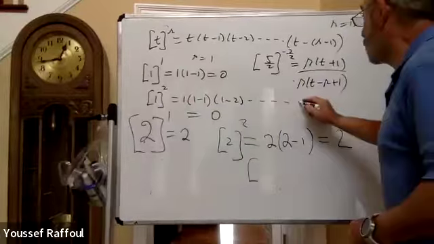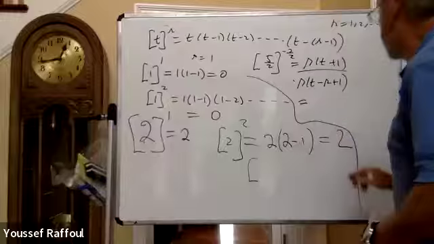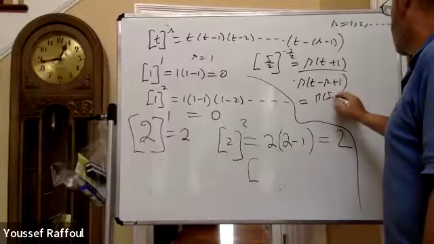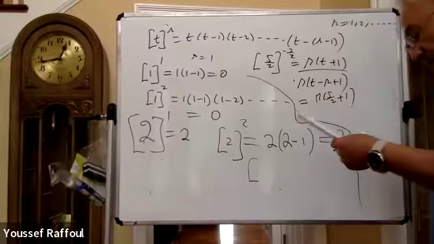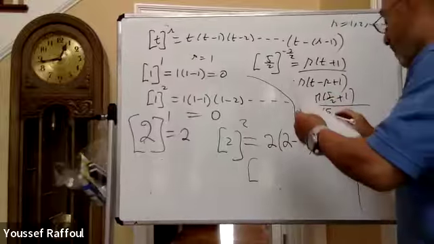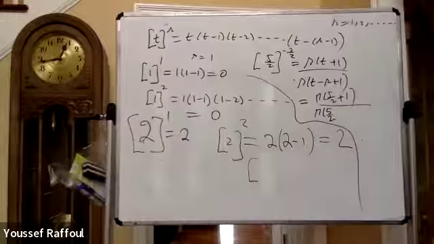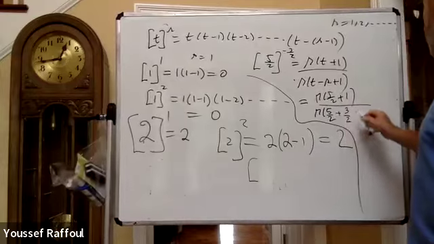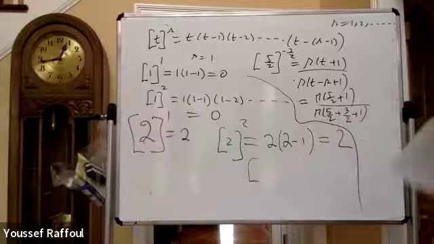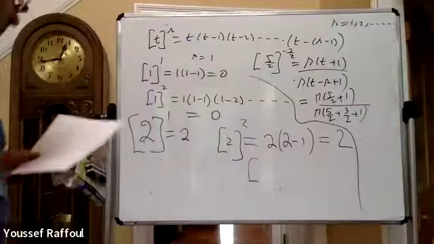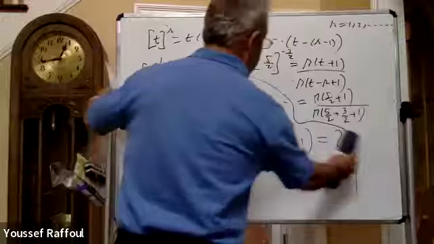So that is going to be gamma of t plus 1. T is 5/2. Gamma of 5/2 plus 1 over gamma of 5/2 minus r. But r is minus 3.5, so plus 3.5 plus 1. Okay? And let's see what this is actually.